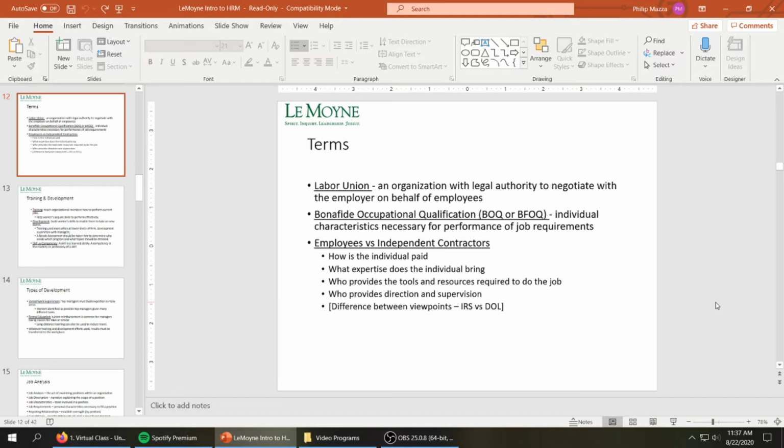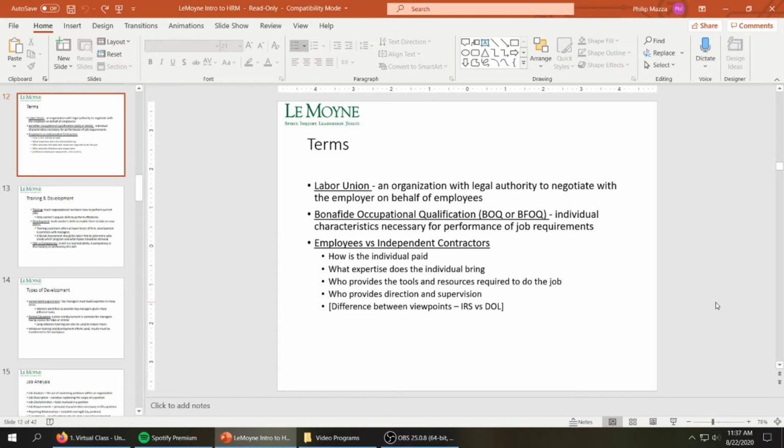And the HR professional in many cases will have to push back, addressing it as a BFOQ or not as a BFOQ. How do you know if it is a BFOQ? It has to be reasonable, legitimate. It cannot be discriminatory. And it has to be codified or written in the job description.